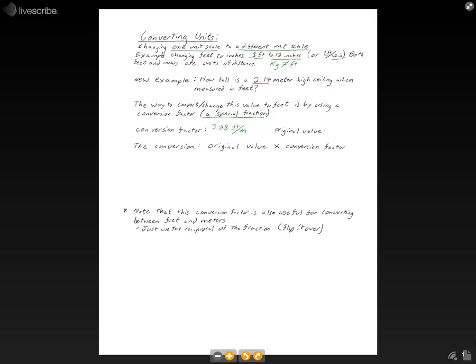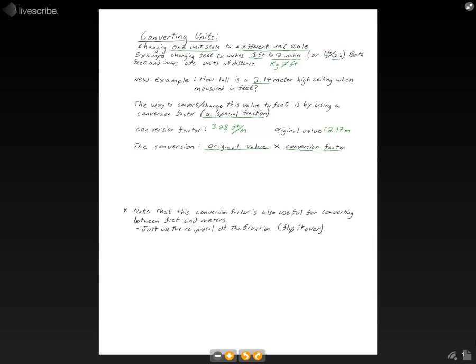And our original value for this problem, the height, is 2.17 meters. So in order to convert the 2.17 meters to feet, we need to take the original value, the 2.17 meters, and multiply by the 3.28 feet per meter, which is the conversion factor.